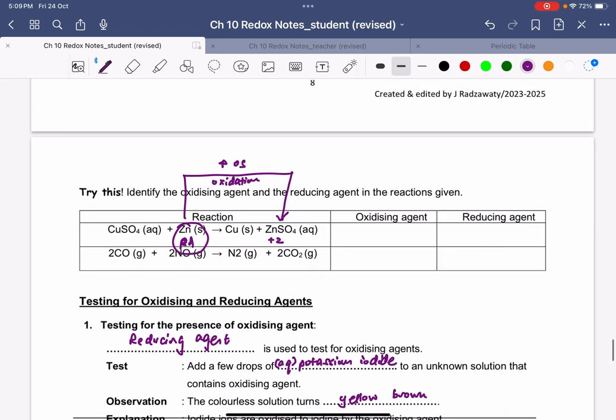So the reducing agent is your zinc. If copper sulfate to copper here, copper is a 0 and copper in sulfate is a 2 plus. So 2 plus to 0 is a reduction, a decrease in oxidation state. So this is a reduction. If this is a reduction, my oxidizing agent is copper sulfate.